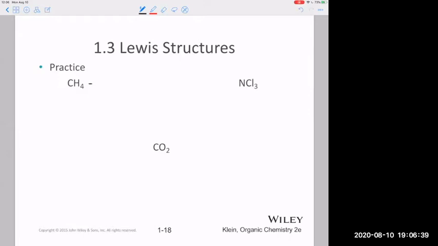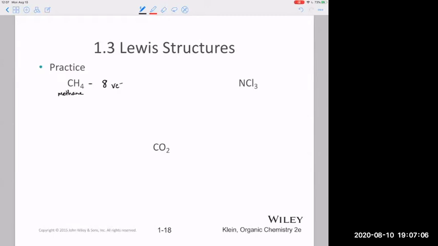Hydrogen has 1. So that gives us a total of 8 valence electrons in this methane molecule. I'm going to use the names of these organic molecules that might not be familiar to you yet. That's okay. Don't think that you have to know them. There will be a time when you do. But nonetheless, I think it's good to start hearing the vocabulary.